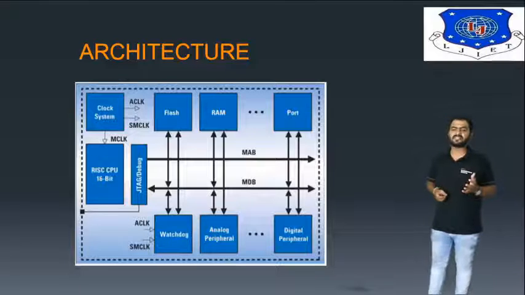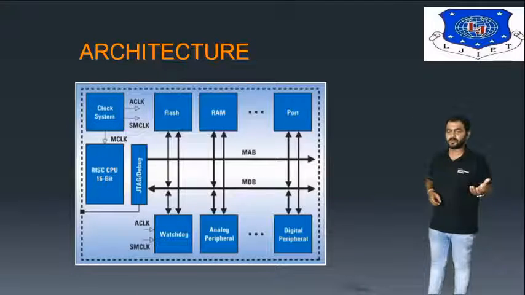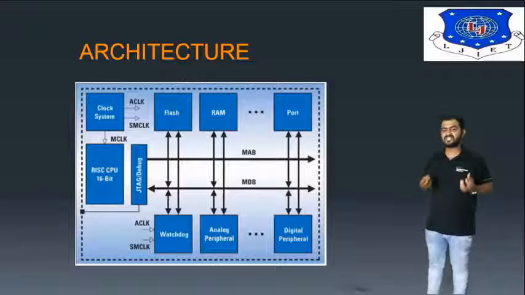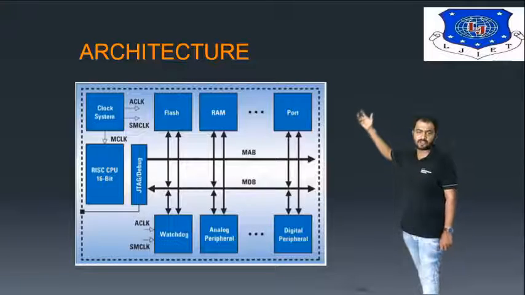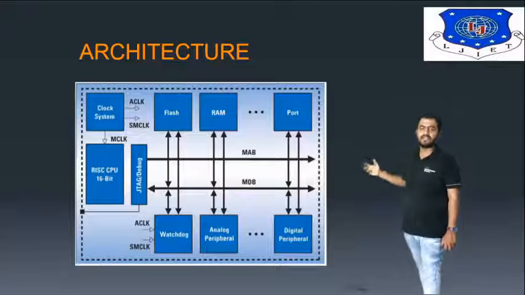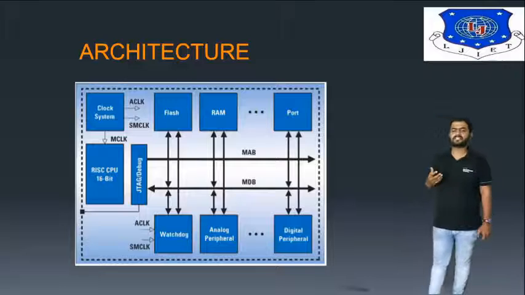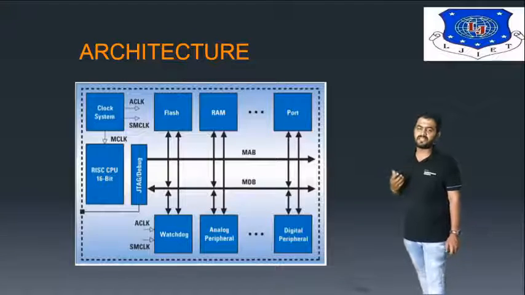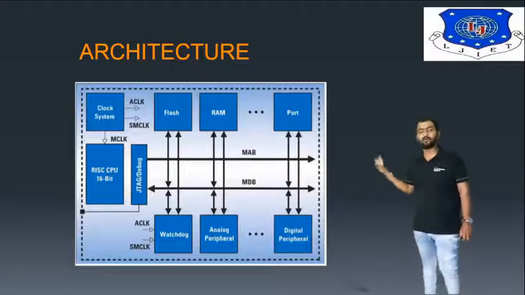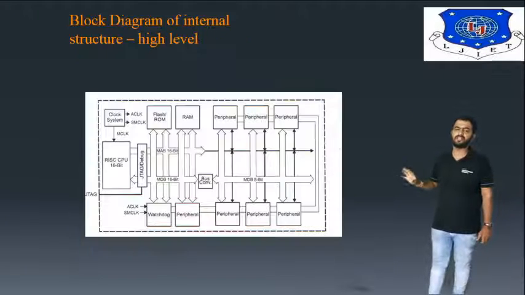That means we have a number of peripherals that we can connect for communication or to perform some specific task. And to operate the 16-bit CPU, we have the clock system with acknowledgement. And we can establish different types of architecture using the MSP430. So this is the architecture overview of the MSP430.